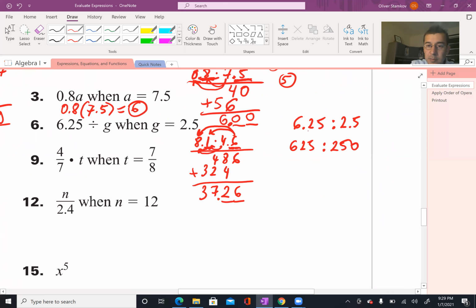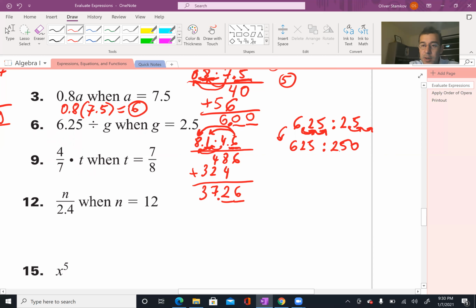Because I'm taking the decimal 2 places to the right, so 6.25 becomes 625. Now when I take the decimal 2 places to the right for the numerator, I have to do the same thing for the denominator. So 2.5 becomes 250.